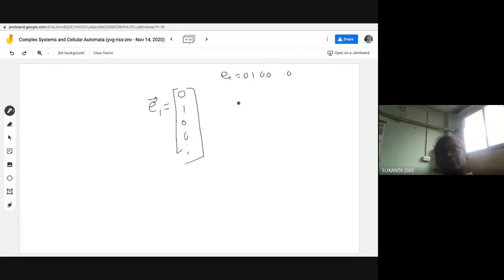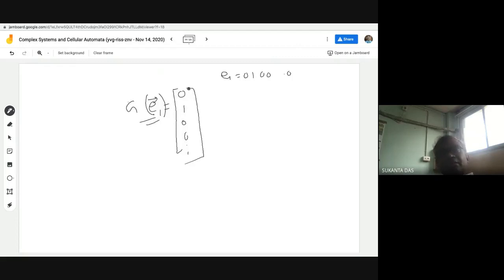So now, let us consider the ECA rules, right? ECA rules means a cell depends on its left neighbor as well as right neighbor. Now, if I apply G, if I want to find G of E1, then what will I get?